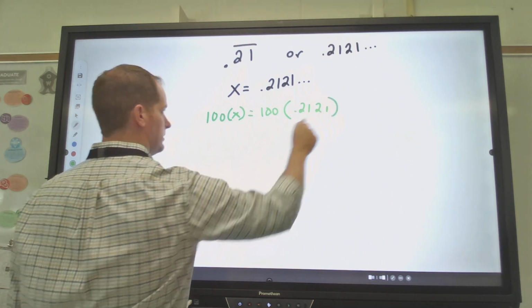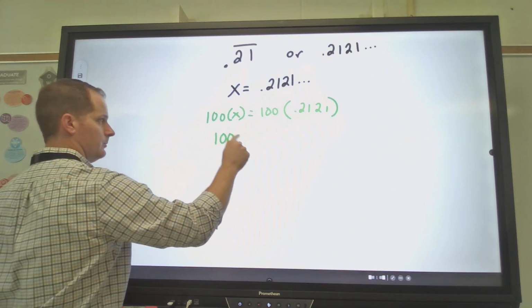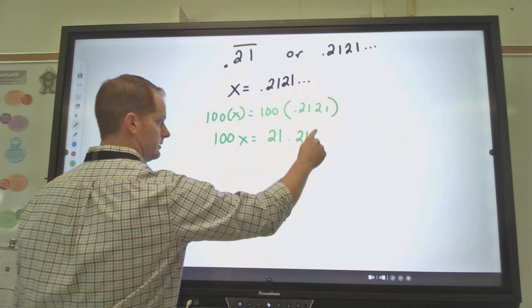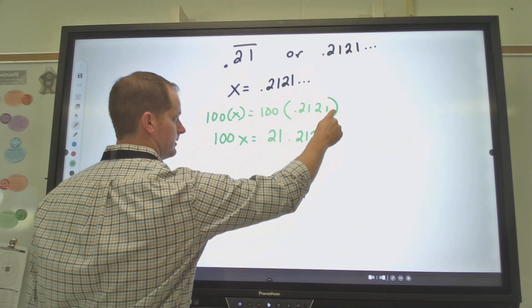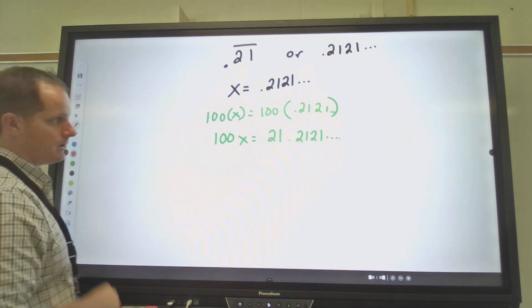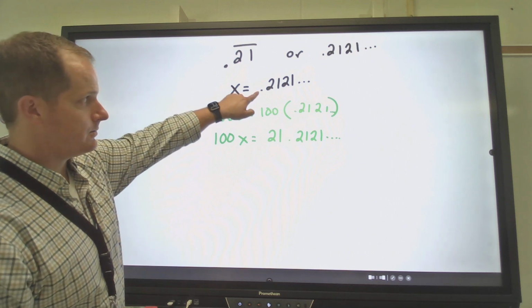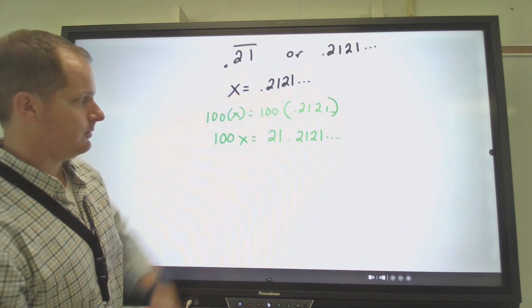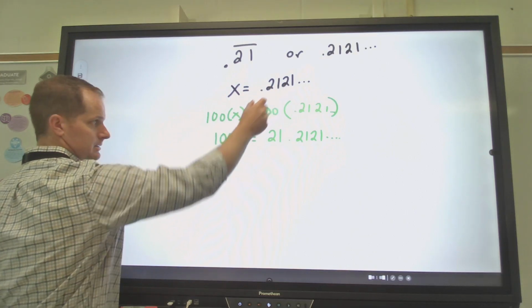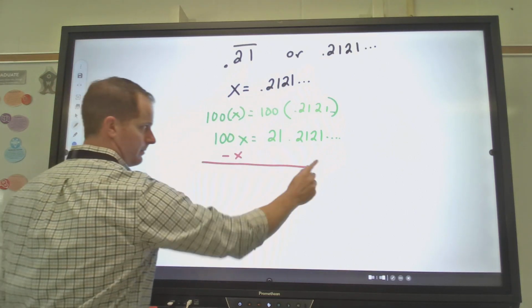When you do that, you'll end up with 100x on one side and 21.2121 infinite. We're going to subtract our original amount in an effort to try to subtract out that repeated decimal amount. On the left side, we know that x, which is this, can be subtracted from 100.